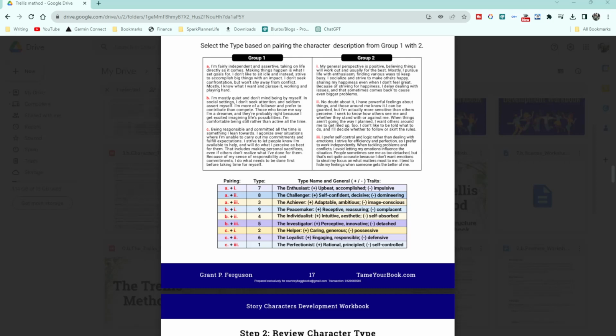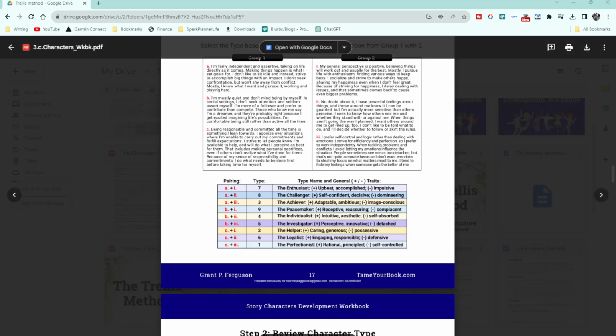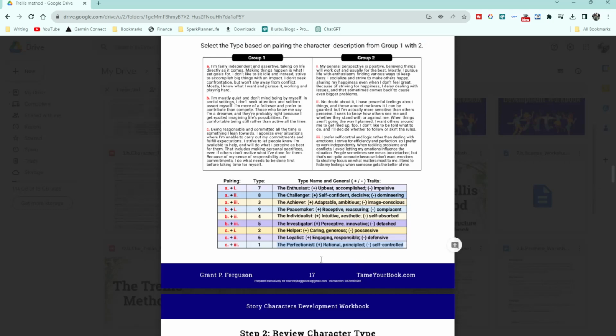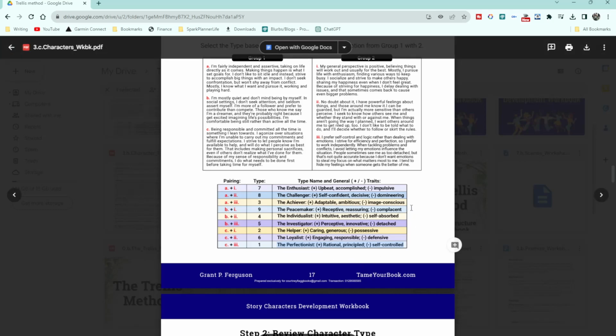I feel like in this story she might be the loyalist, so engaging and responsible but a little defensive, but at the same time the perfectionist, which is rational and principled, but self-controlled. Then you also have the individualist. And I think that is the hardest part: since I'm not starting the story by mapping out the characters and their arc, the characters are a little wonky.